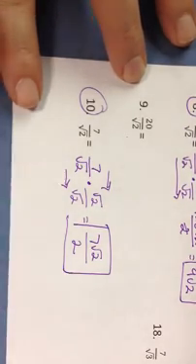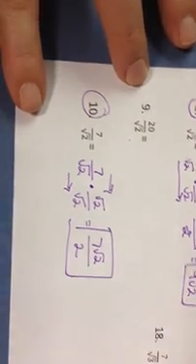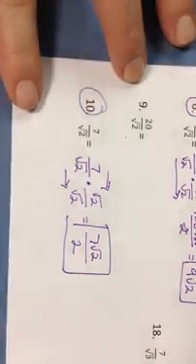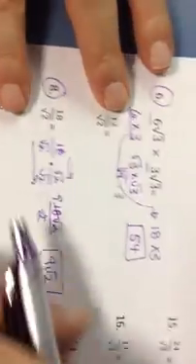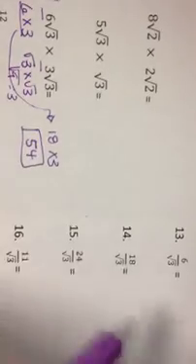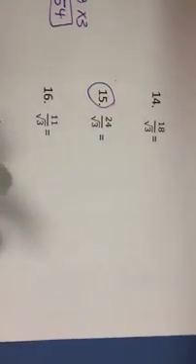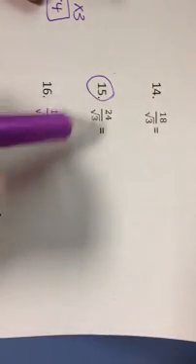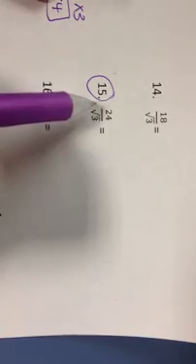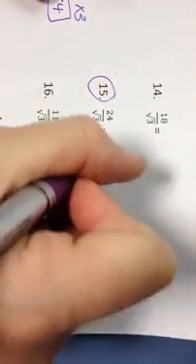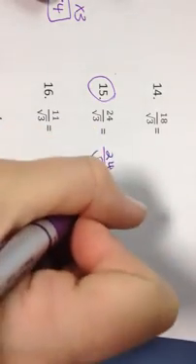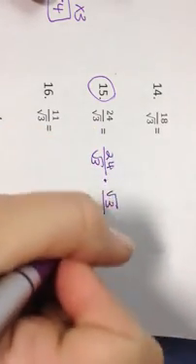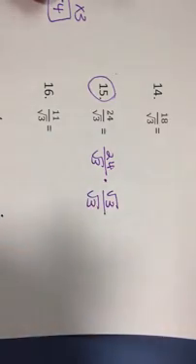Okay, we're going to look at 2 more examples, and then we're going to be good on these. Let's look at number 15. In number 15, we're doing exactly what we did in number 8, but this time we're rationalizing something with the square root of 3 underneath. So I'm going to take 24 root 3 and multiply it by the square root of 3 over the square root of 3, which is just 1.